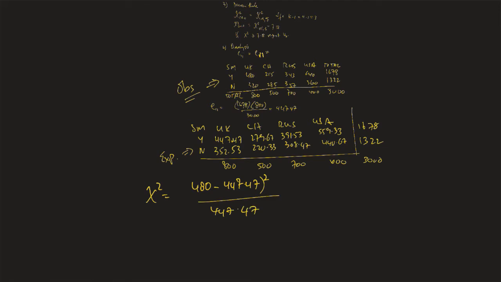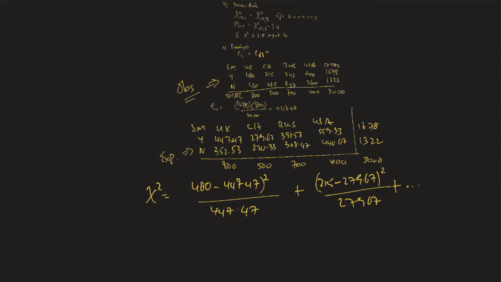That gives us the first component, and then we just repeat the process for the second one. If we go across the row, for China it would be 215 minus 279.67, squared, over 279.67, and we continue until we get the very last one.